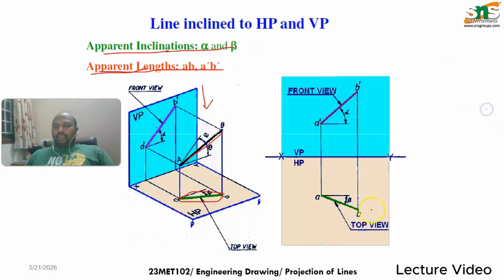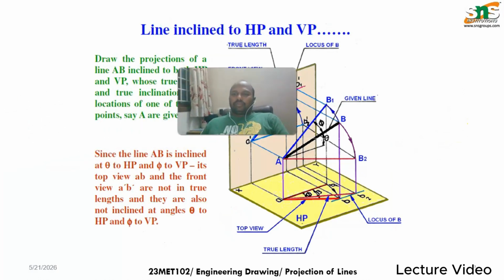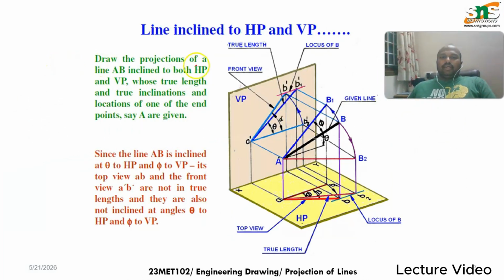Here you can see, if you draw, this is the front view and this is the top view. These front and top views are the line inclinations. For example, if you draw a line inclined to HP and VP with some given angles, you can see the line is drawn here, and the top view is seen here.